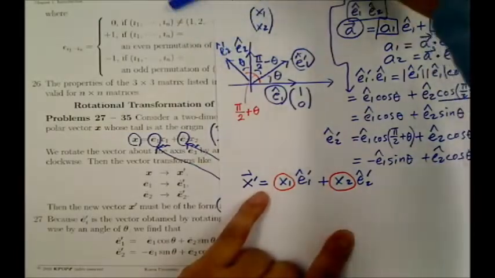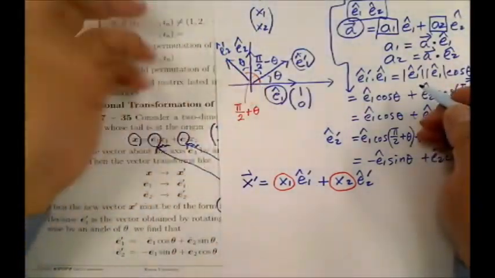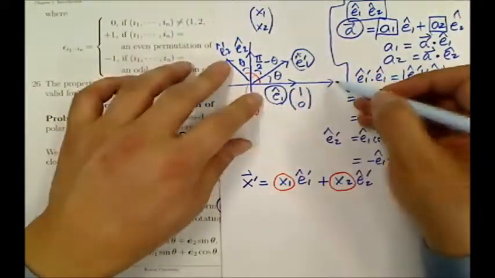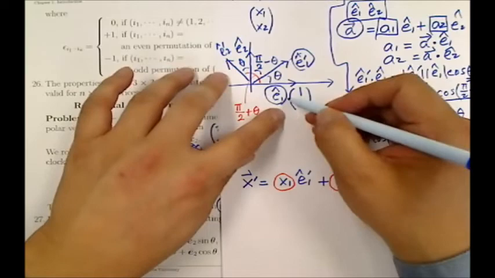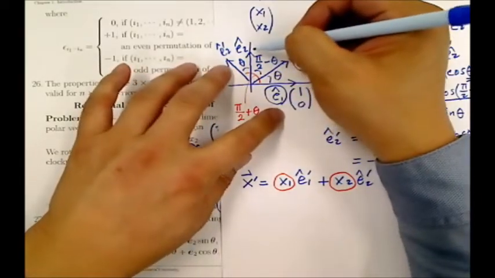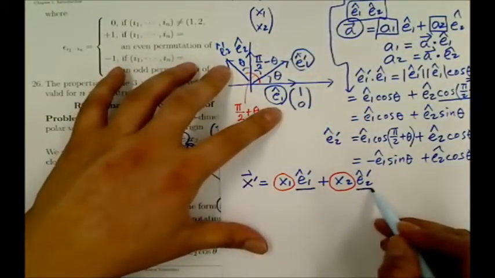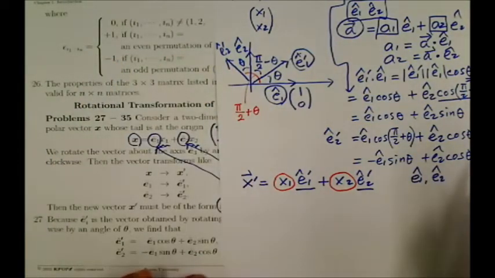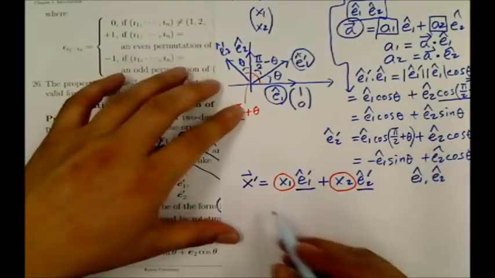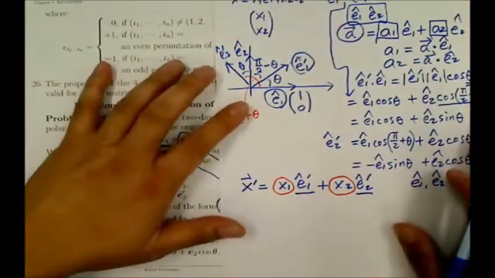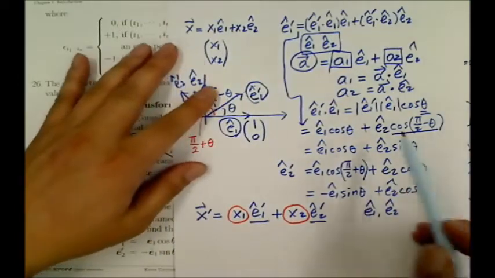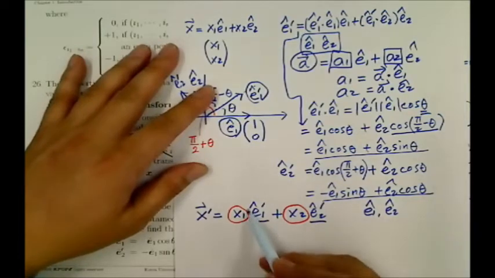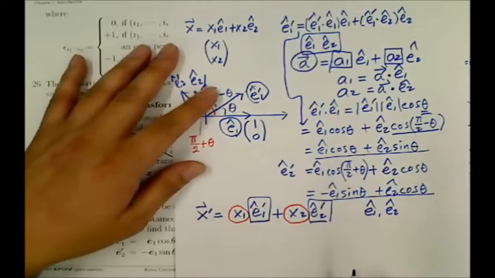However, what I'm interested in is not the coordinate change, but we want to keep the coordinate system the same. That means keep E1 and E2 the same. That means I have to rewrite this one in terms of E1 hat and E2 hat. Then what I need to do is just substitute these results into E1 prime and E2 prime.